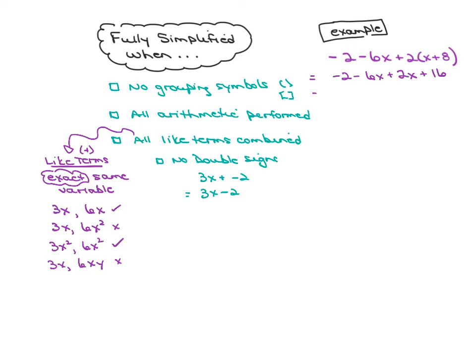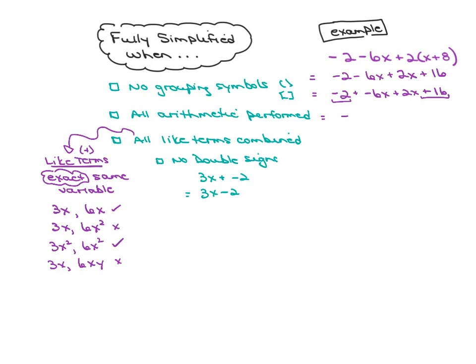Here, I'm going to first change my subtraction to addition. Subtracting 6x is the same as adding negative 6x. Some mathematicians like to do this. Some don't. Mathematician's choice. I like this because then in my head I can move all those terms around in any order. All right, so arithmetic, I know I can add negative 2 plus a 16.